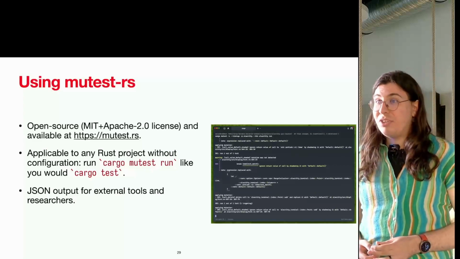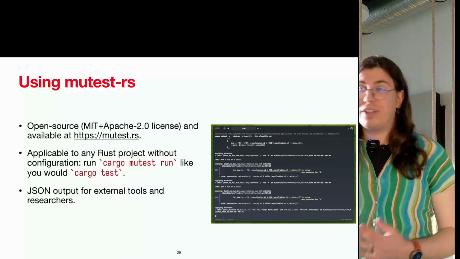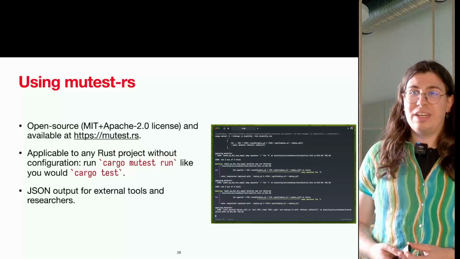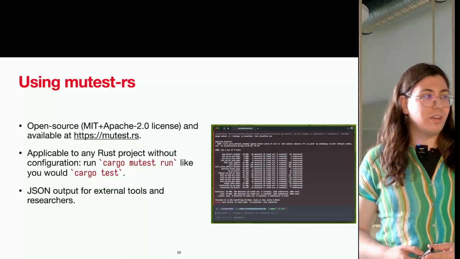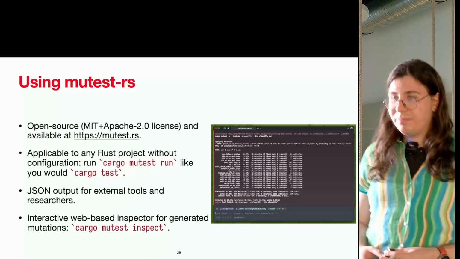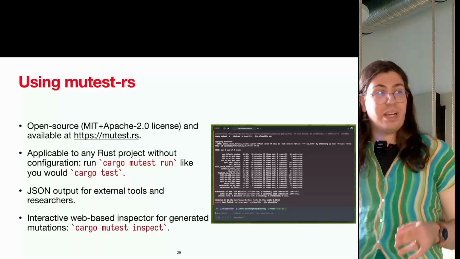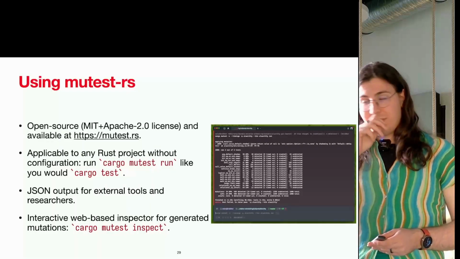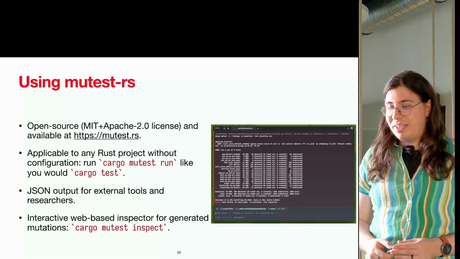There is JSON output for any kind of external tooling and also for research purposes or anyone who wants to make downstream tooling based off of the results. And there's also an interactive web-based inspector where you can actually look at the generated mutations. You can break down the exact results that came from it, and you could just run that anytime with cargo-mutants-inspect.